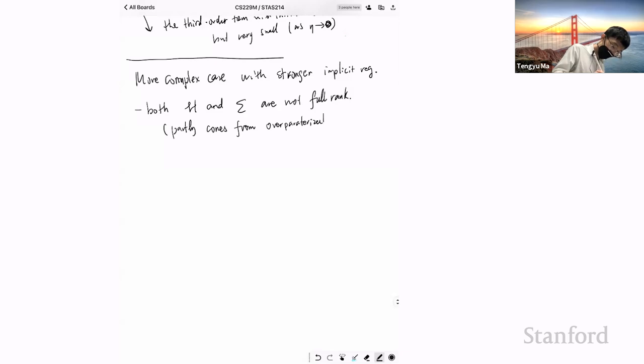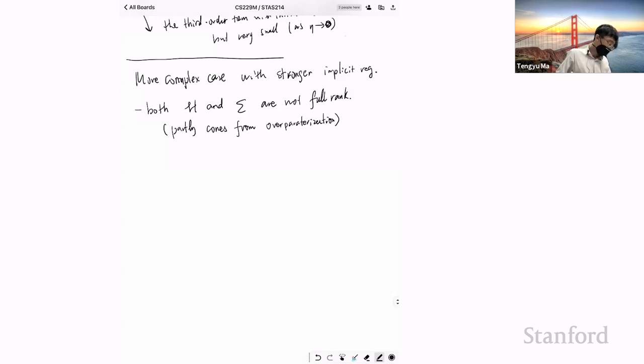Especially, I think it's easier to think about the Hessian. If you have a manifold of global minima, then along that direction of the manifold, your Hessian will be zero. So as long as you have a lot of different global minima, then your Hessian will be flat, zero in certain directions.